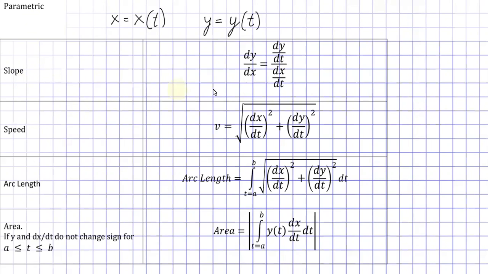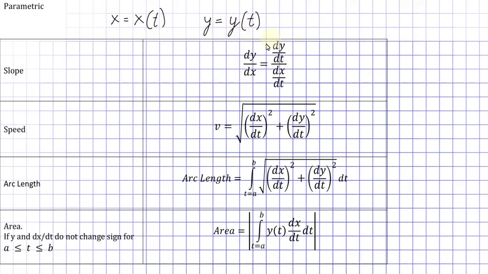For the first one, for the slope, there is almost nothing to prove. So slope by the definition is the first derivative of function y with respect to x. But again, y is not given as a function of x. And the easiest trick possible, similar to what we did in polar system of coordinates already, we just introduce t. We divide numerator and denominator by the same quantity, dt.